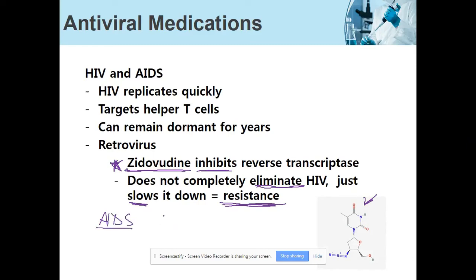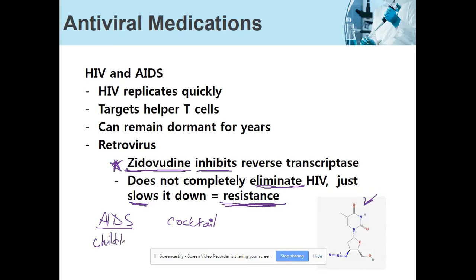So if a person is symptomatic, if a person is suffering from AIDS, we'll go ahead and give zidovudine along with some other medicines. We call it a cocktail. It's a combination of lots of antivirals, some interferons, some other medications to slow the virus down as much as possible. We also give it during childbirth.